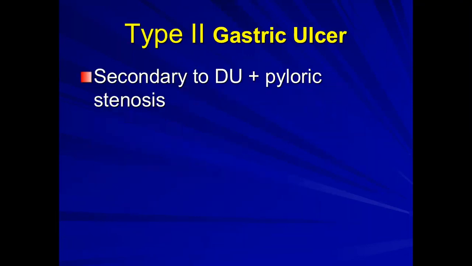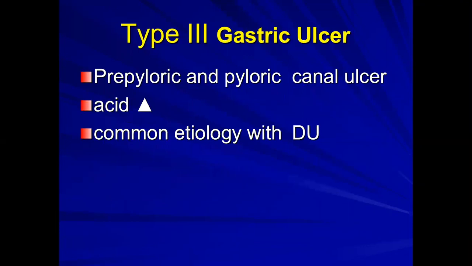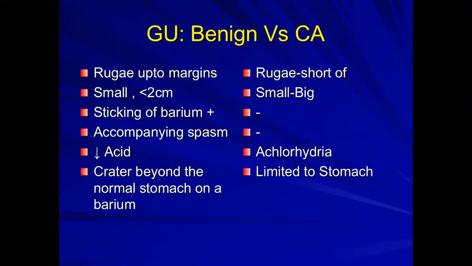Type 2 gastric ulcer is secondary to duodenal ulcer, and it is sometimes associated with pyloric stenosis due to its close proximity with the pylorus. Type 3 gastric ulcer is a pre-pyloric and pre-pyloric channel ulcer. It occurs due to increased acid secretion and has a common etiology with duodenal ulcer, usually occurring with it.